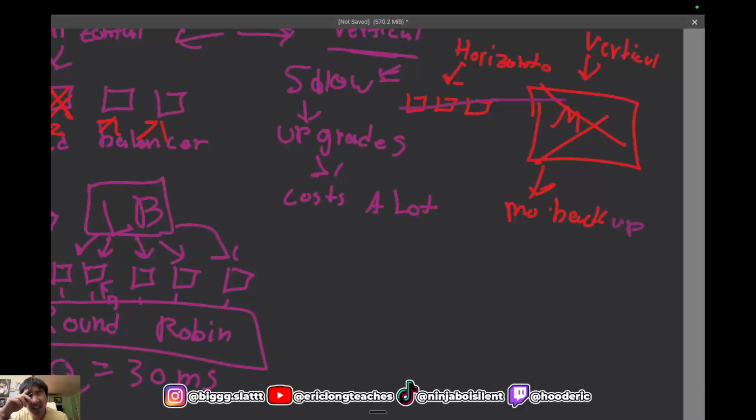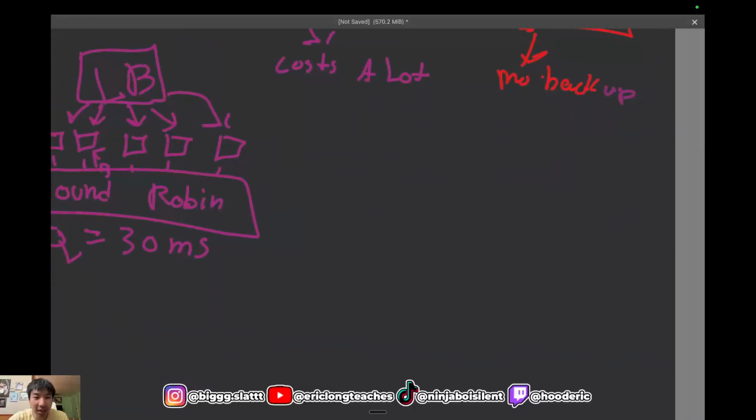Let's see, is there anything else that has to do with system design? I think another one would be auto scaling, which is kind of like, let's say at hour 6, sometimes we have multiple servers, but we don't want to keep servers running when, let's say, there aren't that many people.